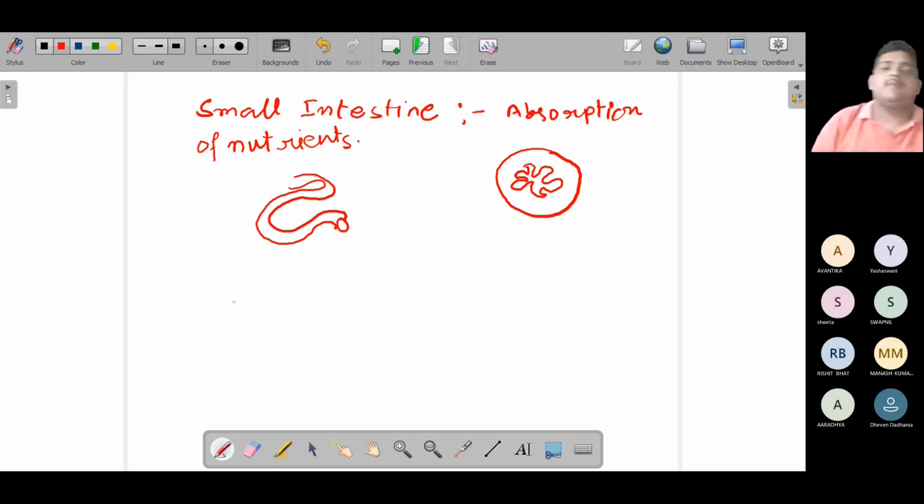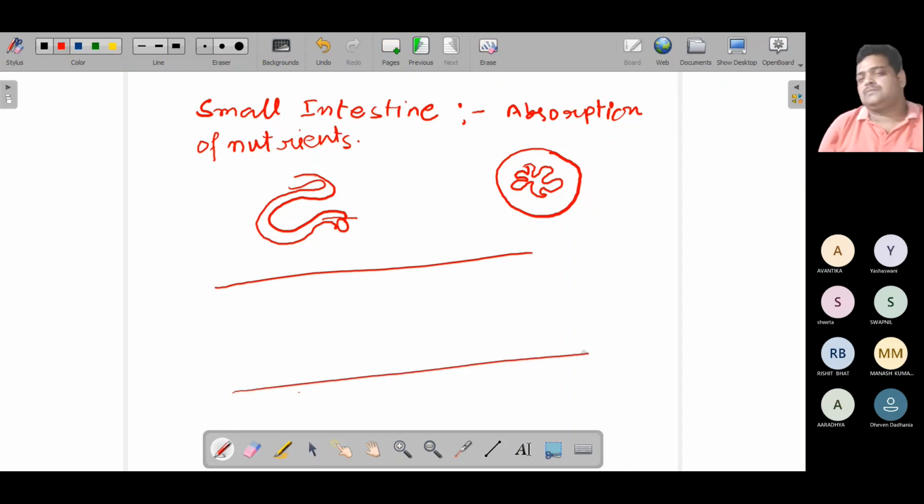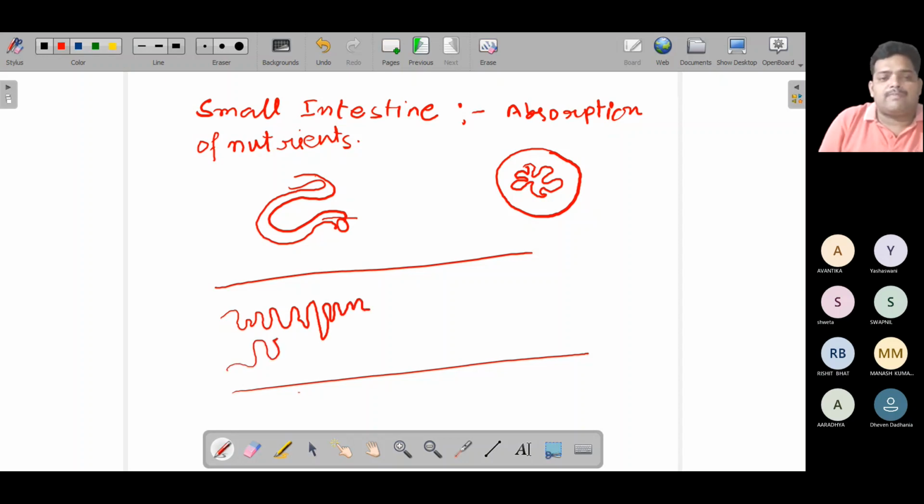Or if I cut it from here, a longitudinal section, then how will I see it? I will see something like this, and there will be some structures which are like this. So these are some structures which are present in our small intestine.